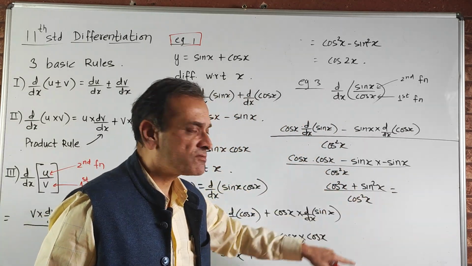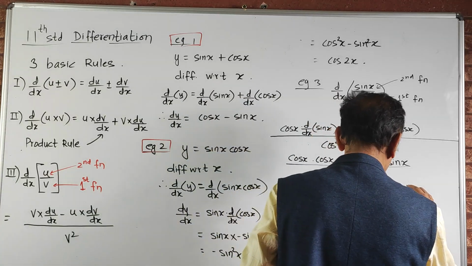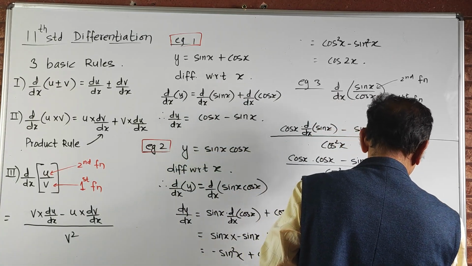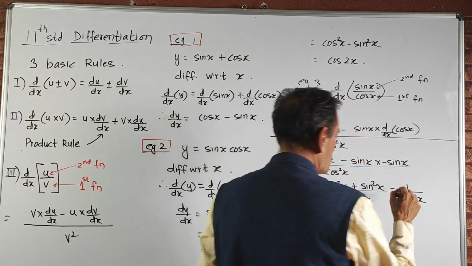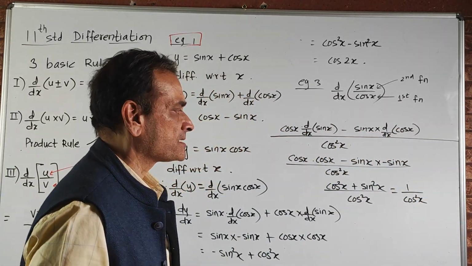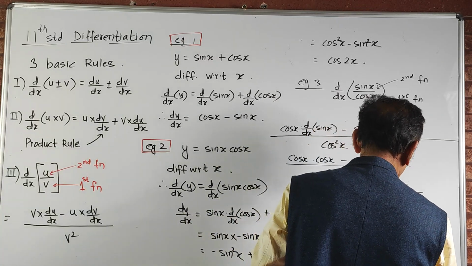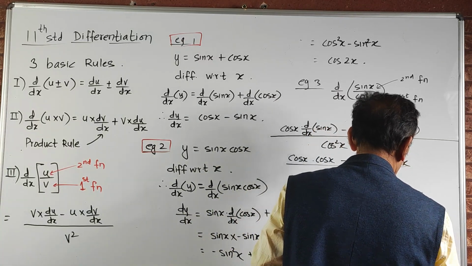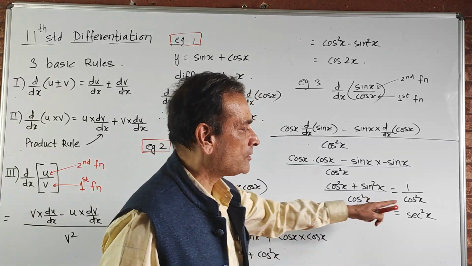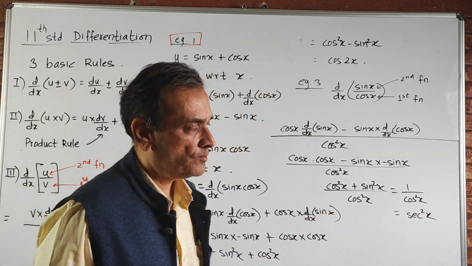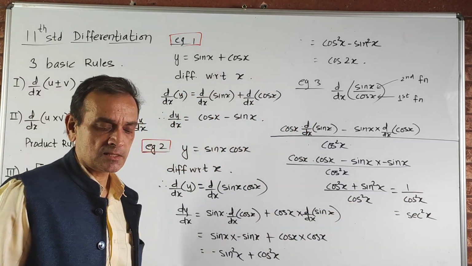cos squared x plus sin squared x is 1, तो क्या आ गया 1 upon cos squared x. Now 1 upon cos squared x is nothing but cos, अगर ऊपर गया तो it gets converted into sec, so sec squared x is our final answer.